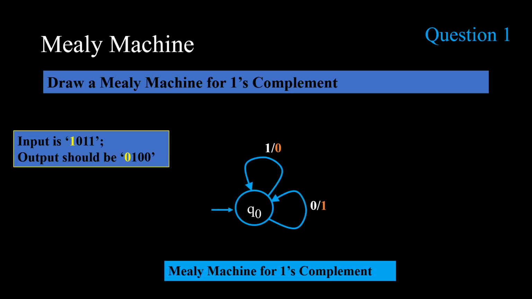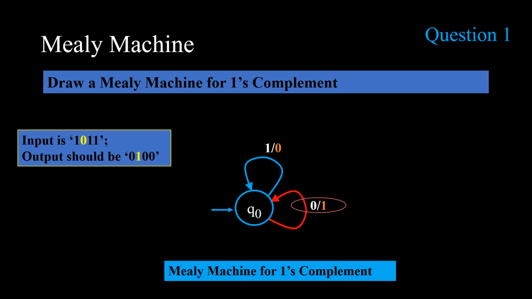Now when I give 1 as input, what will happen? This particular transition will be taken. The output which I will generate will be 0 corresponding to the first 1. Now I move to the second input, which is 0. If I have input 0, this particular transition will take place, and the output generated is 1.